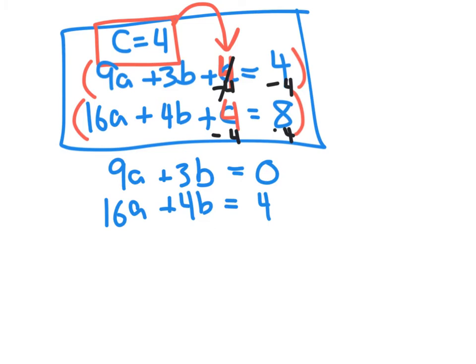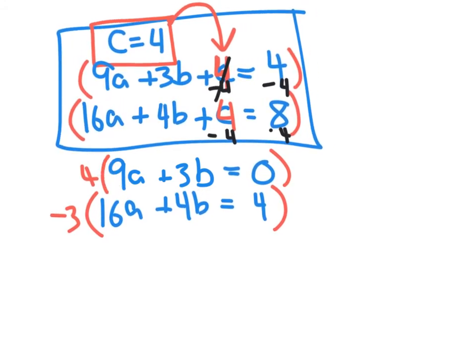So this is really a 2 by 2 system that I could solve. So let's actually cancel out b's by multiplying the top equation by 4 and the bottom equation by -3. That way the b's will cancel out.